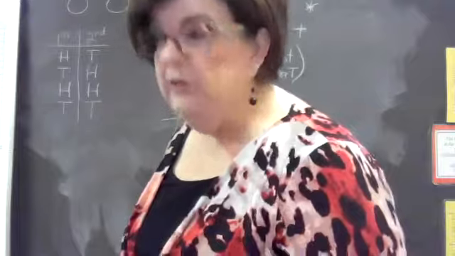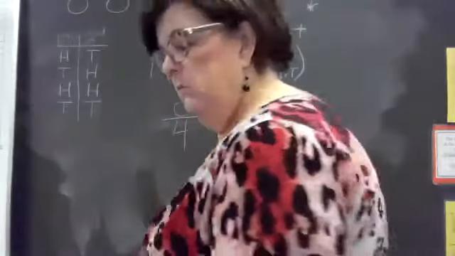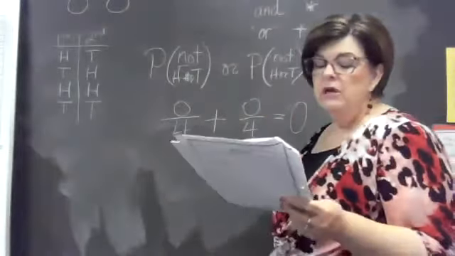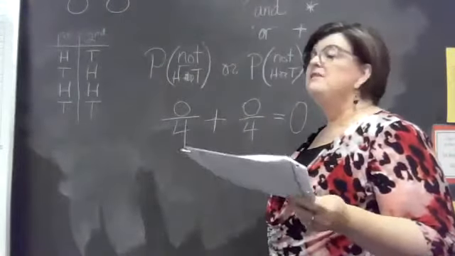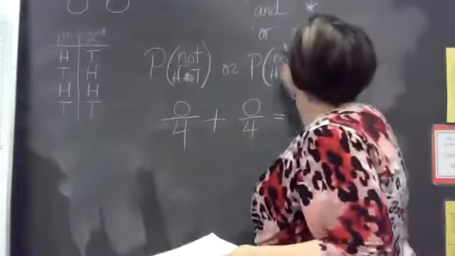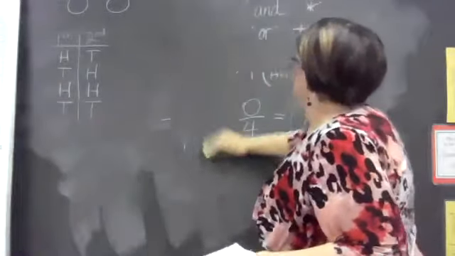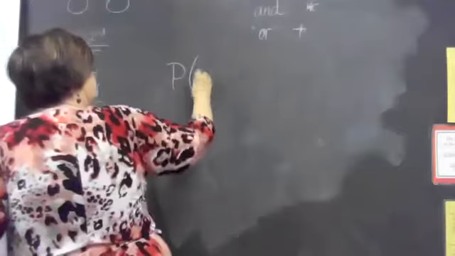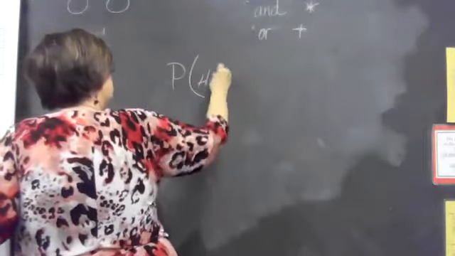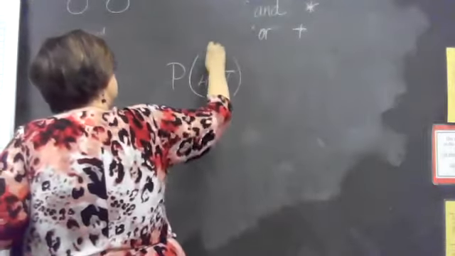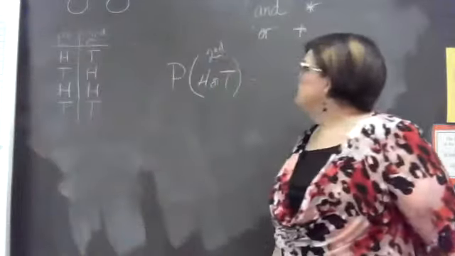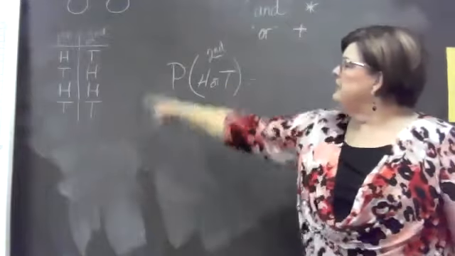Okay, let's go ahead to the next one. It says find the probability of showing either a head or tail on the second coin. So I need the probability of a head or tail, just on the second coin. Look down the second coin.